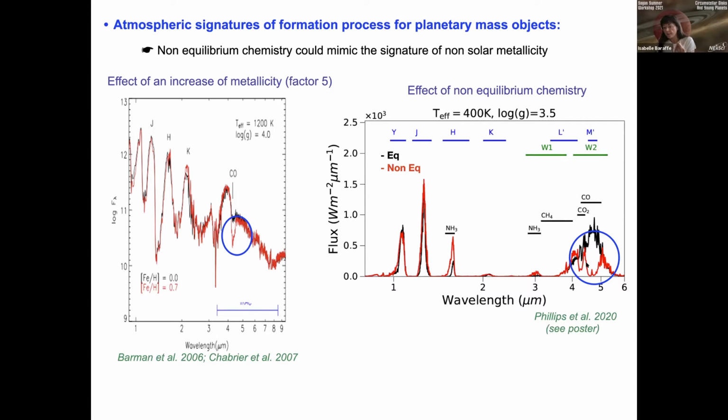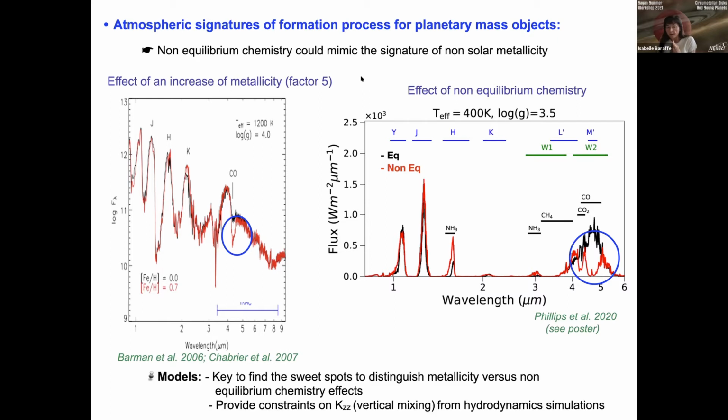And this makes the determination of the metallicity of an object versus intrinsic chemical processes quite difficult to disentangle. There, the modelers have to do a systematic exploration in order to find the sweet spots in the spectra to try to distinguish metallicity from non-equilibrium chemistry.